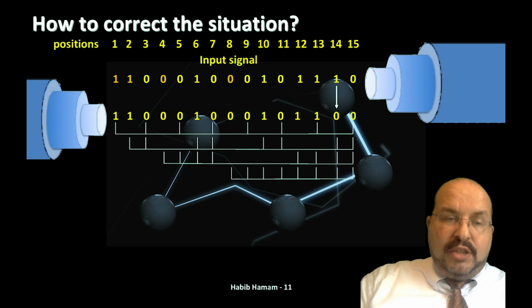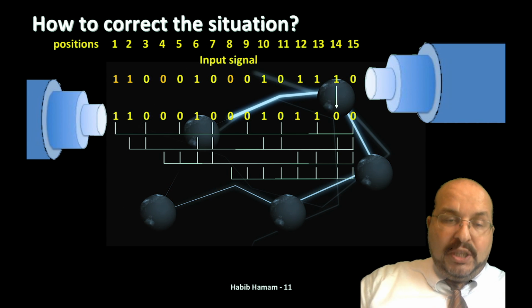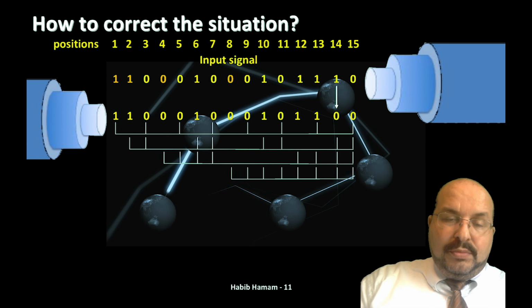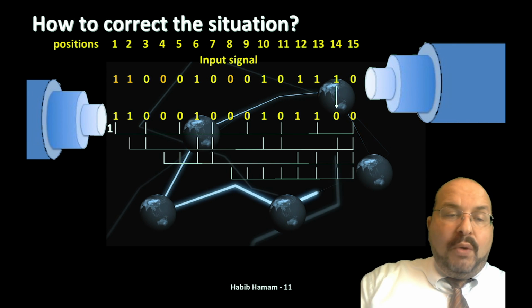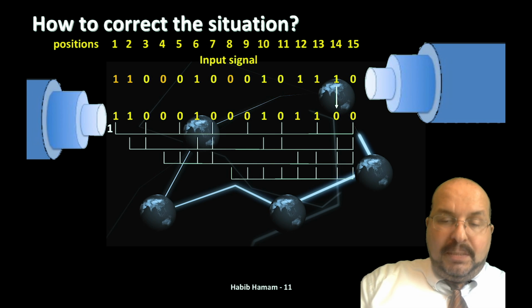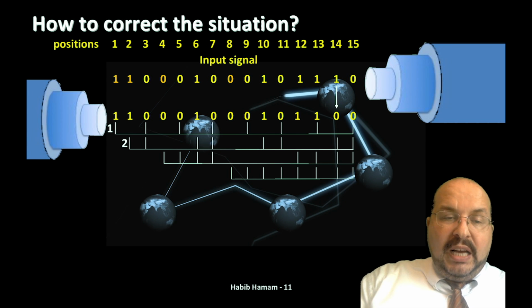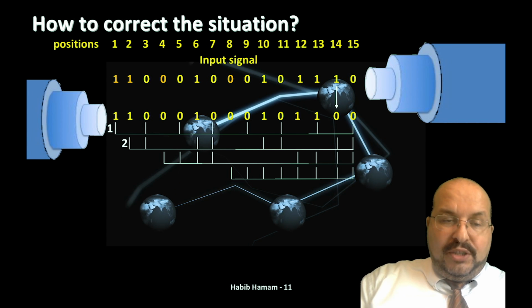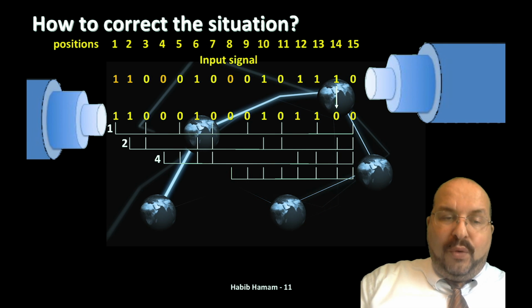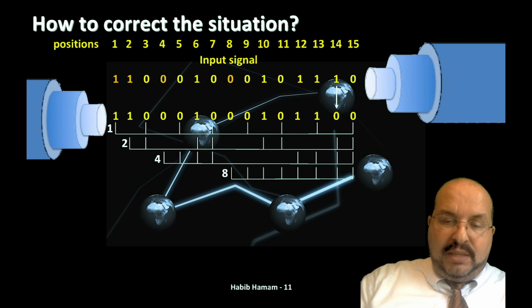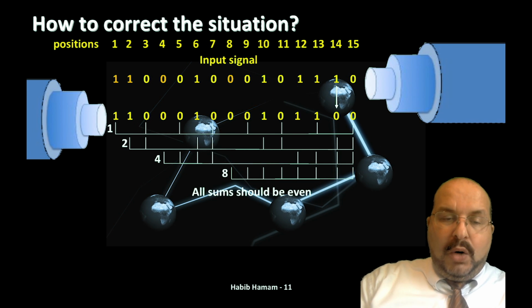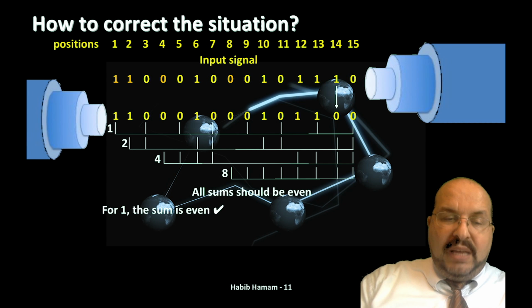Select 1, jump over 1, then start by 2, select 2, jump over 2, the same thing, and it should give even values. So for the redundancy bit at position 1, I have to do this checking, for 2, for 4, for 8, for all redundancy bit positions. All additions should be even.